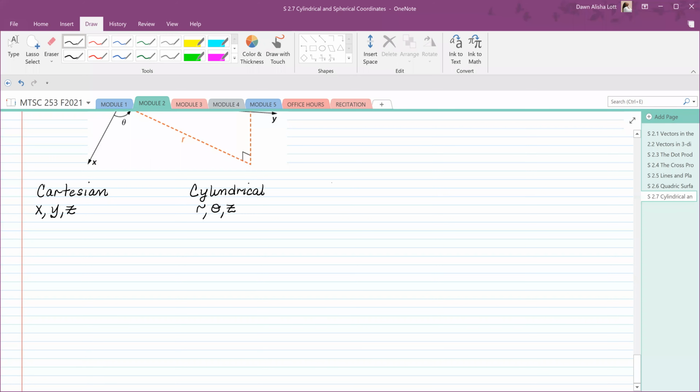But notice in the spherical coordinate system, the only thing that we actually keep is the theta. We now have something called rho and this new angle phi. And so therefore I need a relationship between r and rho, and a relationship between z and phi.